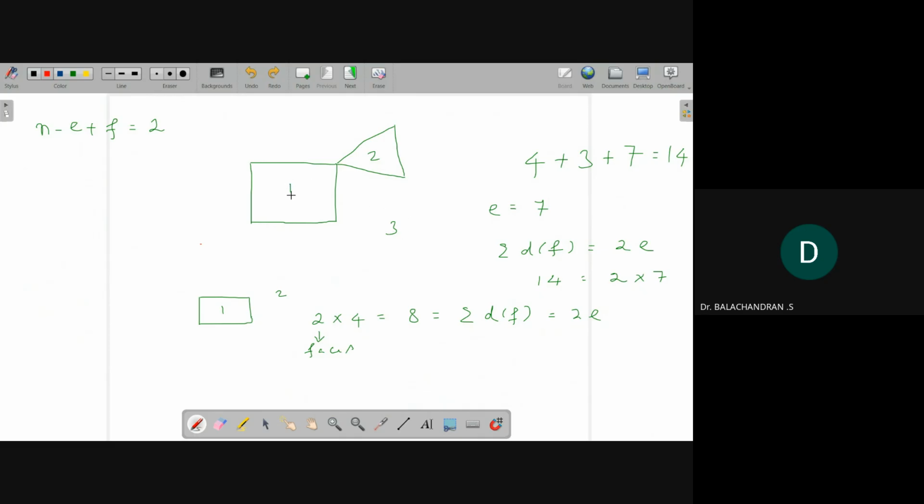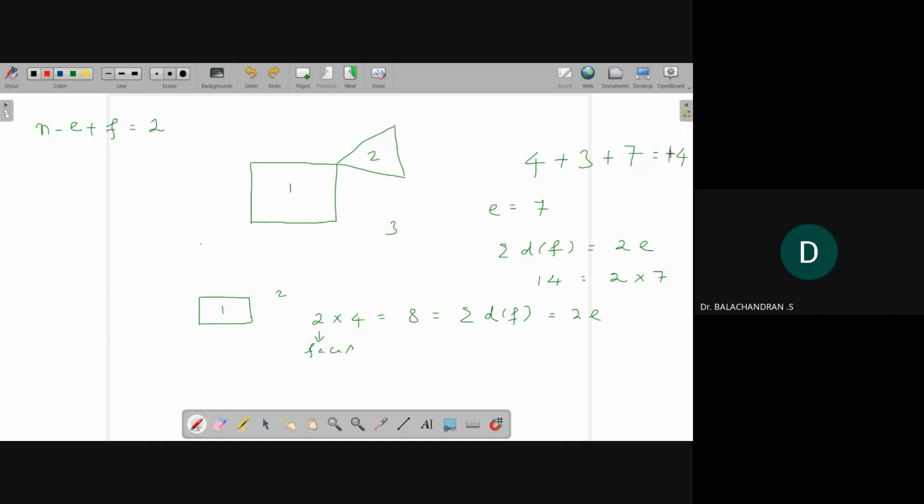This region is bounded by four edges. Region 2 is bounded by three edges. Region 3 is bounded by 1, 2, 3, 4, 5, 6, 7 edges. So the total count is 14.